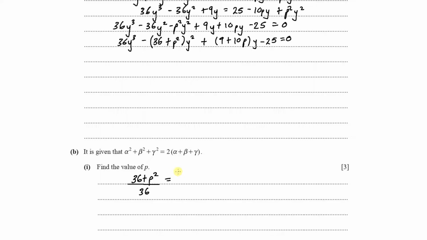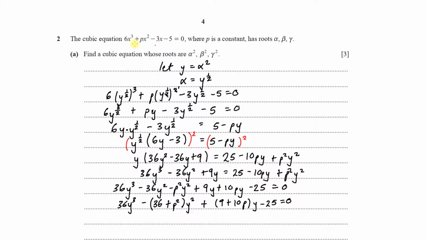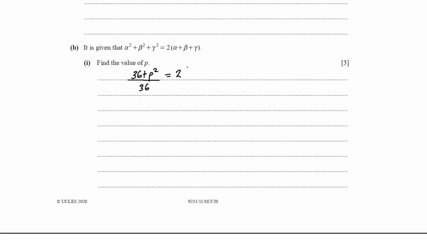And for the right side, we've got 2 of alpha plus beta plus gamma. And here we're talking about the sum of roots of the first cubic equation. It's minus of the coefficient of x squared, that's minus p, over the coefficient of x cubed, which is 6. So it's minus p over 6 for sum of roots. So let's simplify this.